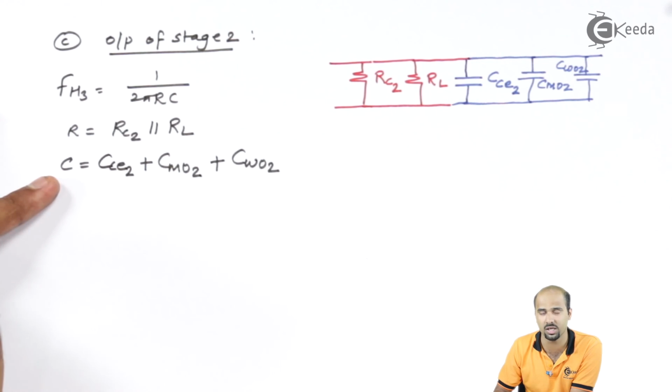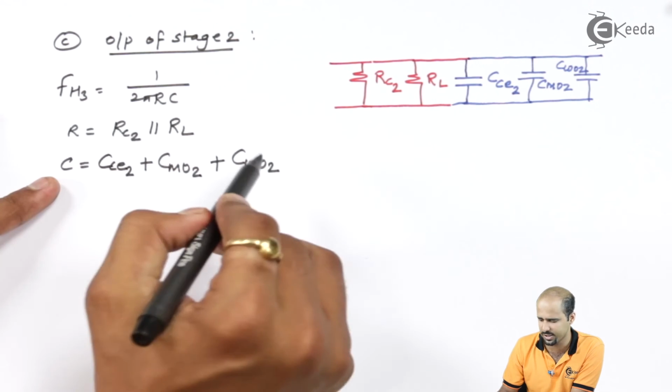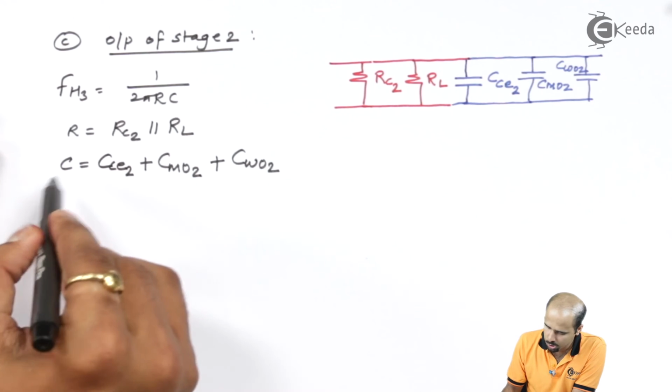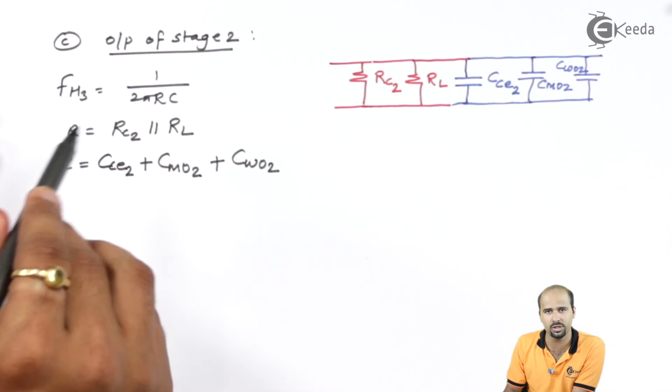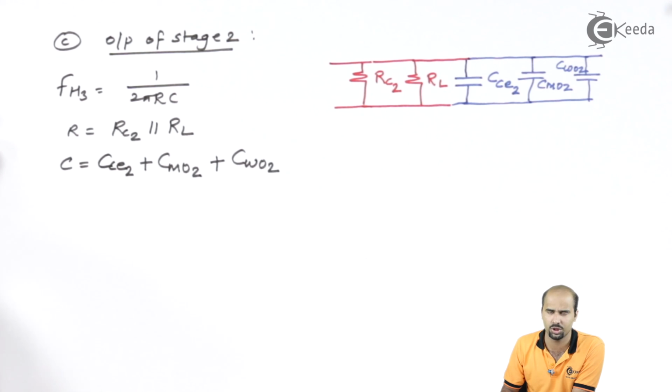So wiring capacitor, again if wiring capacitor is not given, then don't use that wiring capacitor, that will be 0 only, right? Simple. So use this R and C in this particular FH3 formula. You'll get to know what will be the value of FH3.